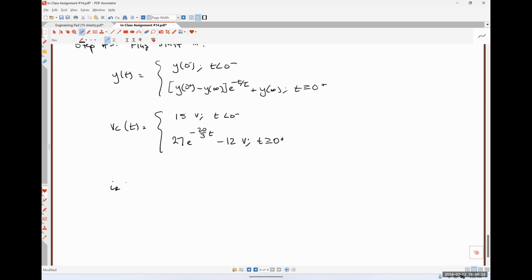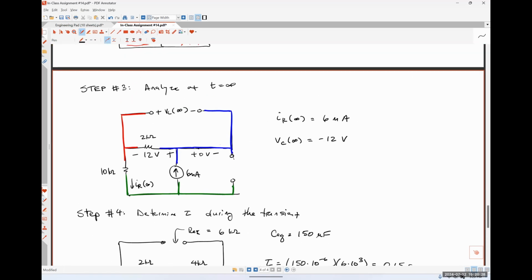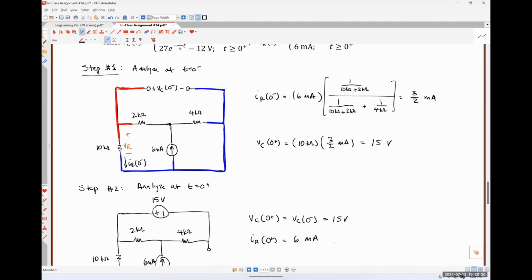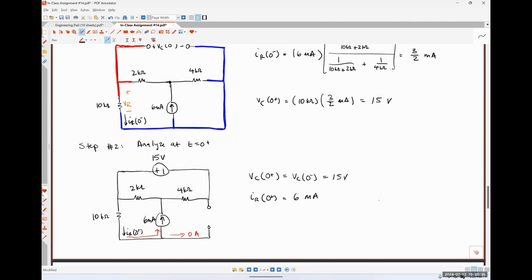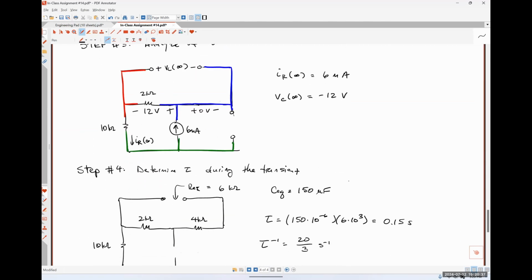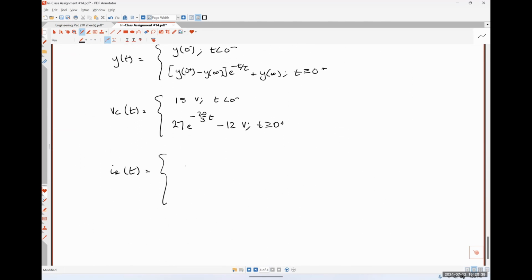And then IR as a function of time. So that's going to be 1.5 milliamps and then 6 milliamps. So 3/2 of a milliamp for t less than 0 minus. And then, let me do this out a little bit here so you'll see what's going on.